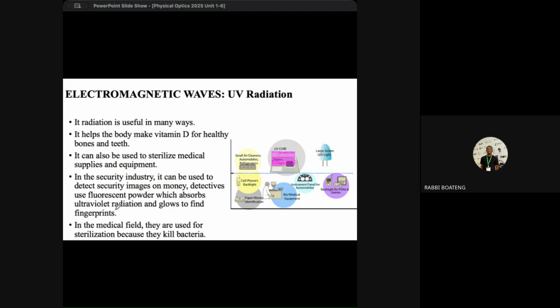Now we are moving to higher energy like the UV radiation. This is harmful because it has higher energy than even the visible light. Is that okay? In fact, those who take your X-rays, I think I've done a CT scan before. And CT is also about this kind of radiation.